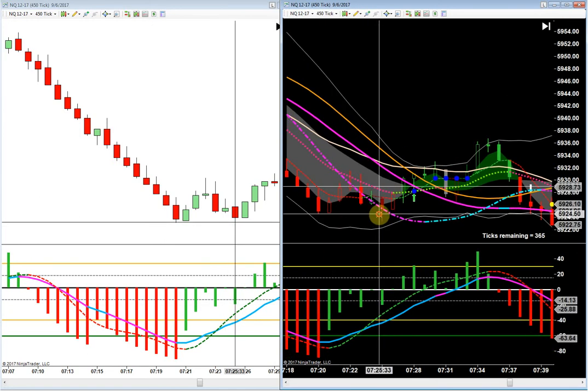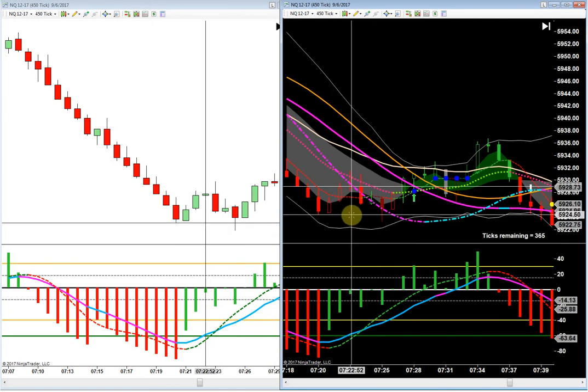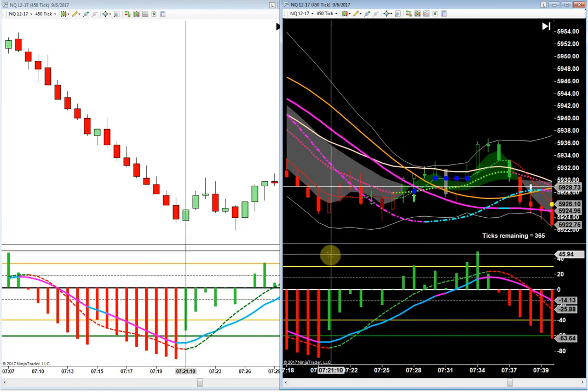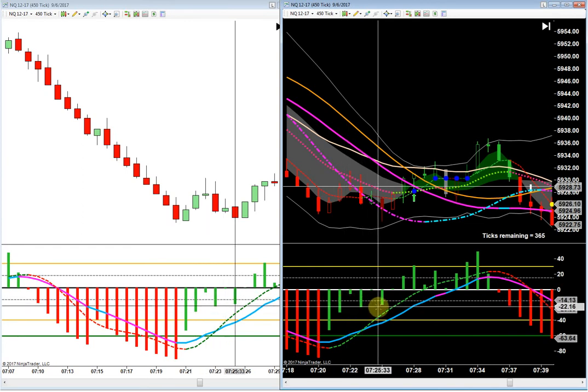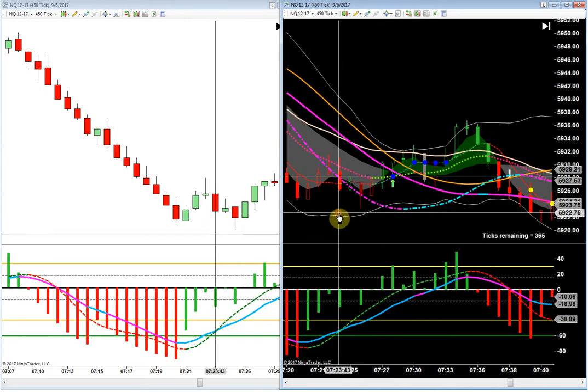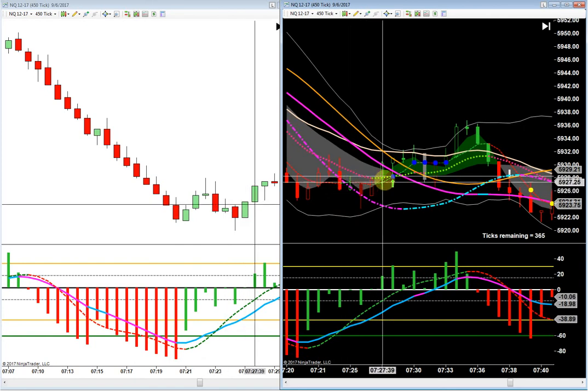No other indicator, I promise you this, 30 years in the industry, no other indicator is going to tell you this information. Only the volume can tell you that more buying volume is starting to roll in on this.